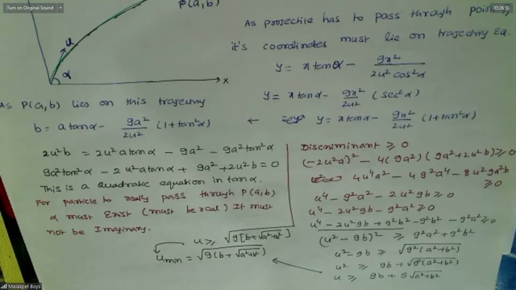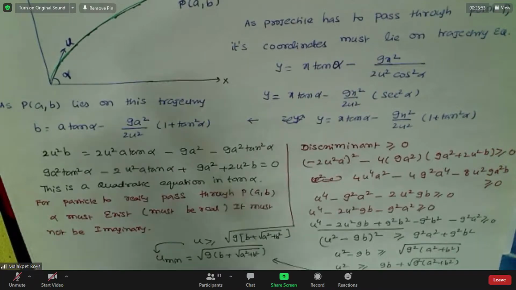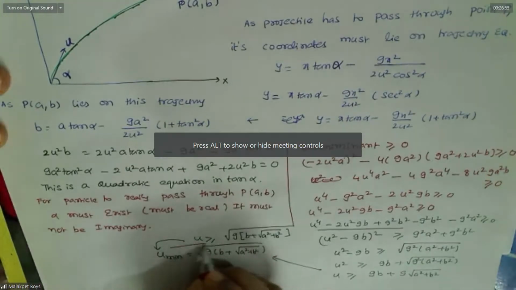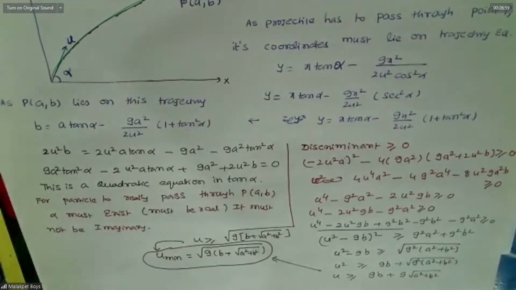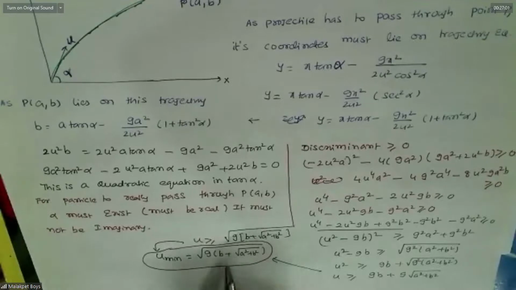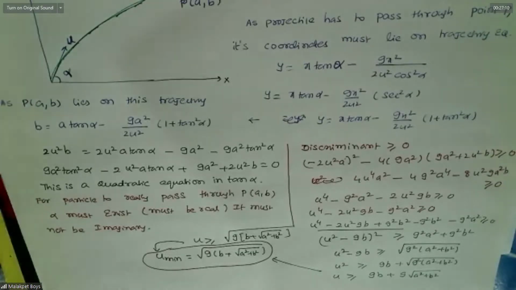Any doubt is there? So the result we got is the minimum velocity of projection to pass through a point A comma B. Any doubt till here? Yes, sir. Shall I turn the page?